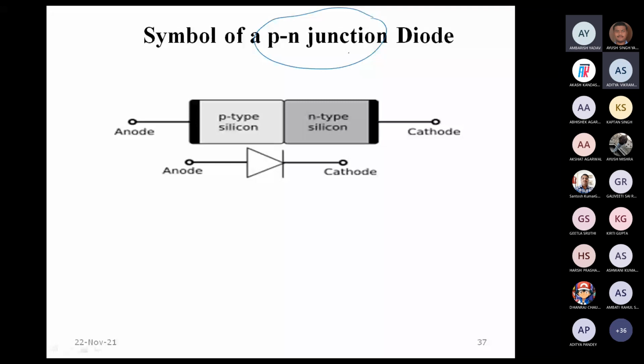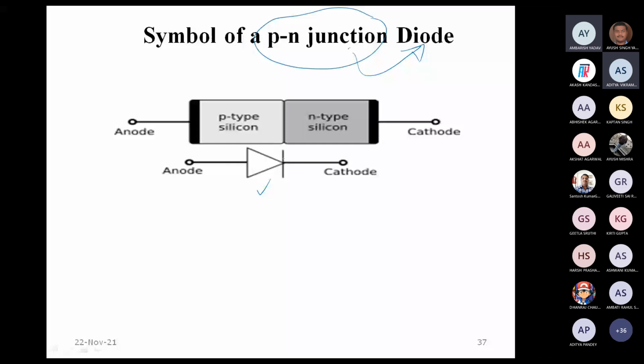This is also widely called a diode, a p-n junction diode, and its symbol you can see is shown over here. It is shown by a triangle with a straight line on one side.